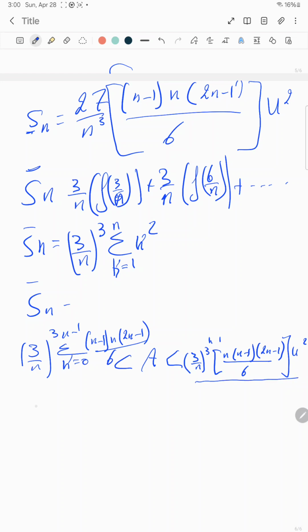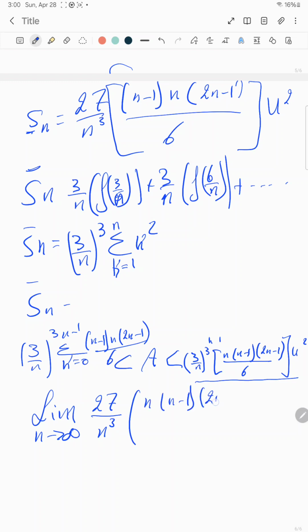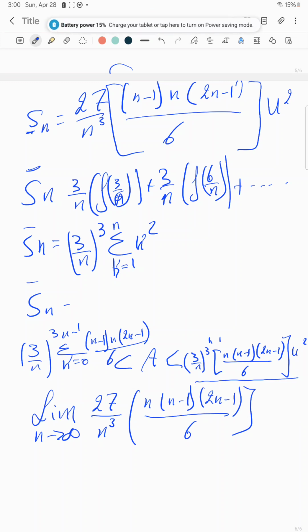So I want to study the limit when n goes to infinity. 3 to the power of 3 is 27 divided by n to the power of 3 of n times n minus 1 times 2n minus 1 divided by 6, and you will see that I will have the exact value of the area.